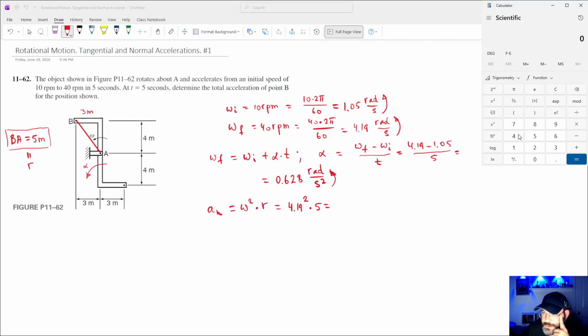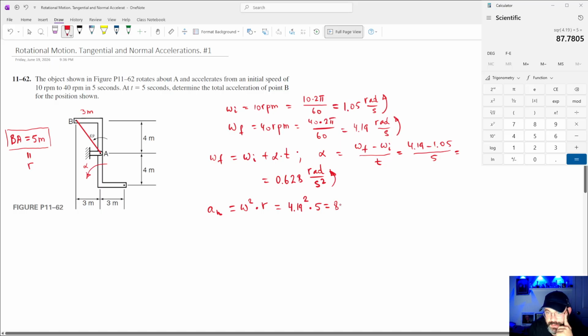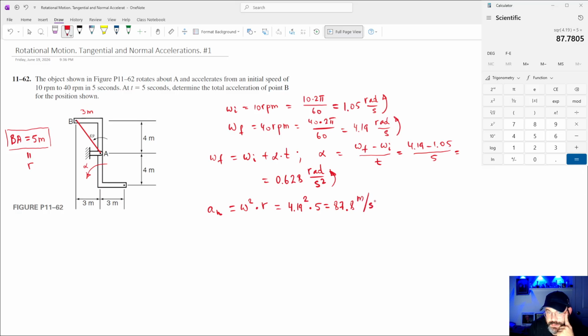Let's see how much this is. 4.19 squared multiplied by 5. Okay, so 87.8. And this is meters per second squared. So this is the magnitude. For now we are not dealing with vectors, we are not dealing with directions, we are calculating our components.